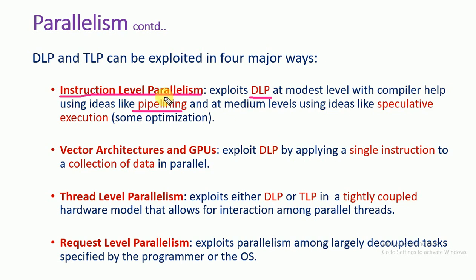In that situation, it can perform the parallelism by using pipelining. And at a medium level we use speculative execution, doing some optimization for increasing the speed or improving the parallelism. That is speculative execution, for improving instruction level parallelism.